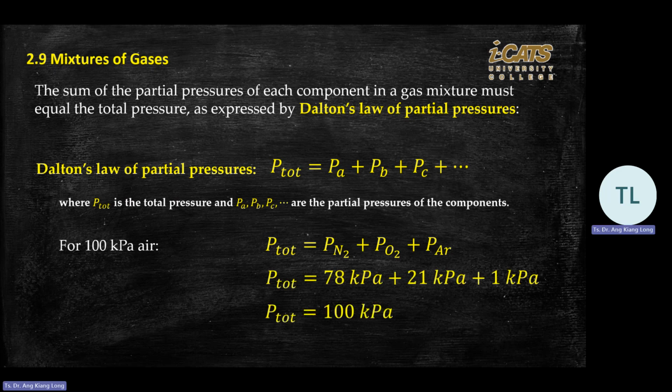Okay, so you get 100. So this is the last step of the equation, the exercise later. It's just an illustration. Important is Dalton law general equation. Dalton law of partial pressure equation.